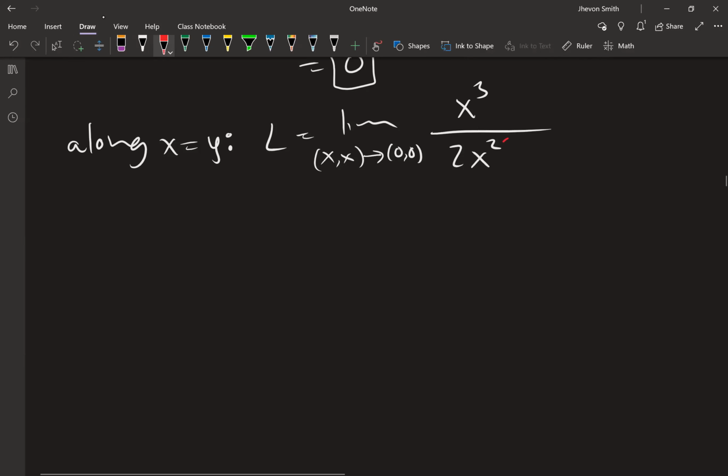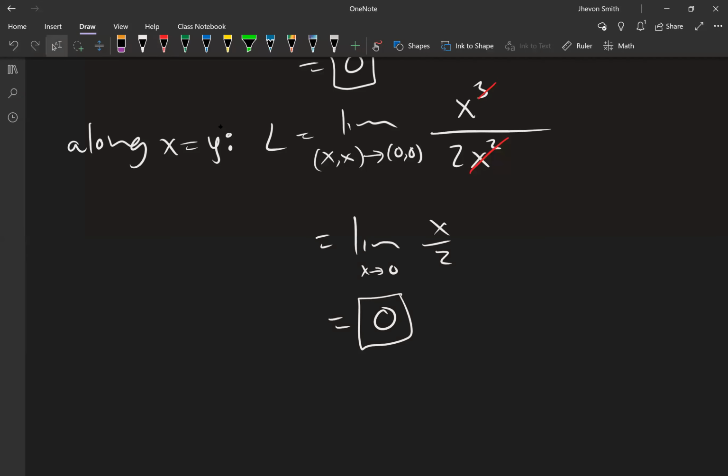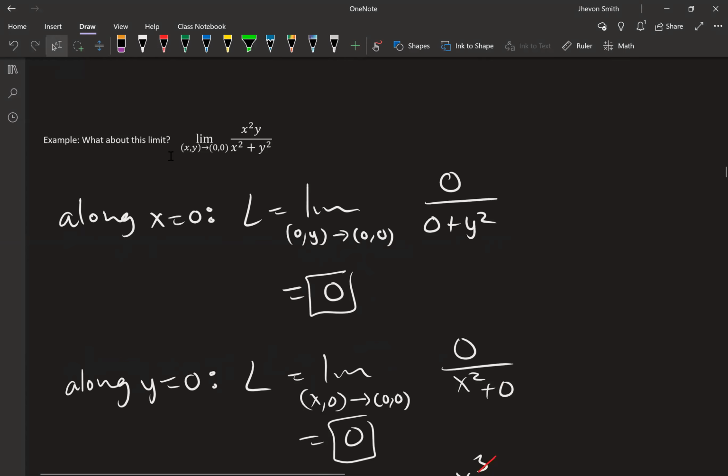So this cancels that, and we are left with the limit of x over 2 as x is approaching 0. Nope, that's also 0, guys. God path didn't work. Other ideas?